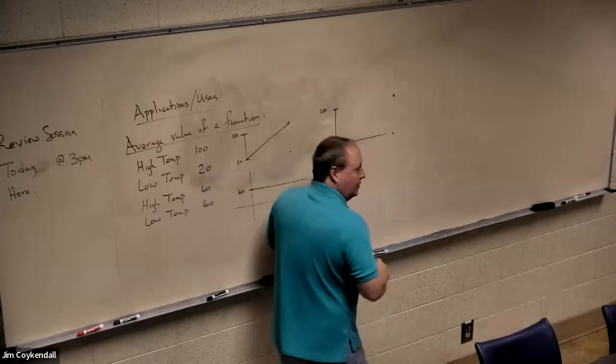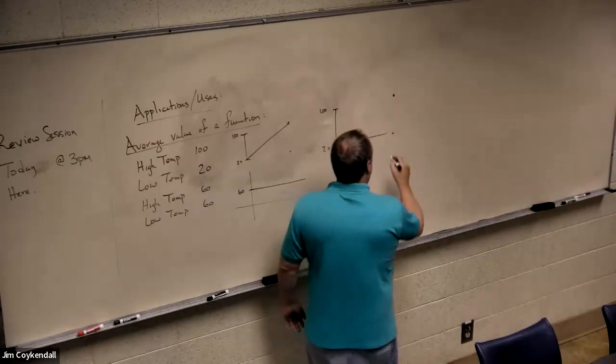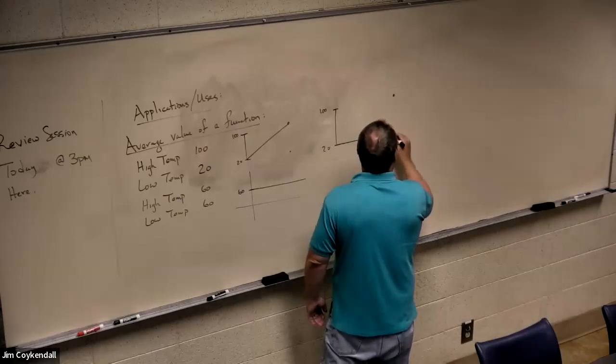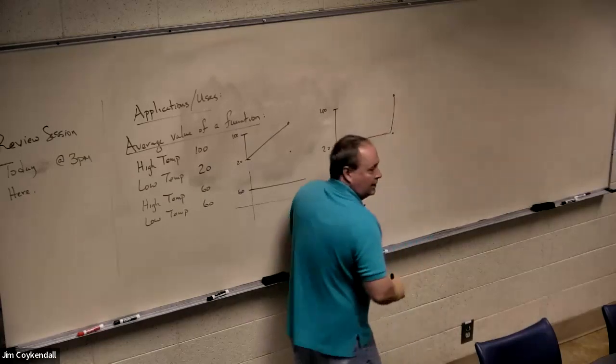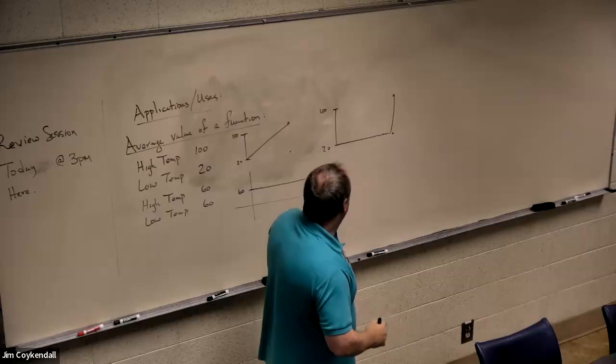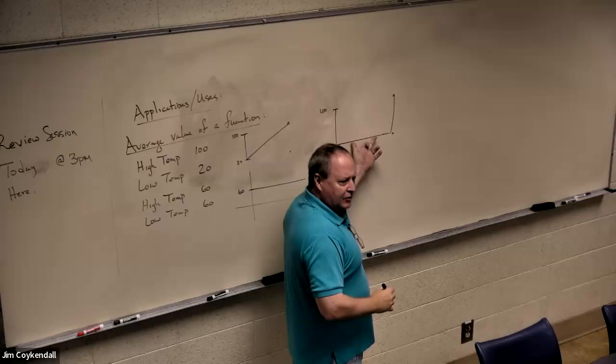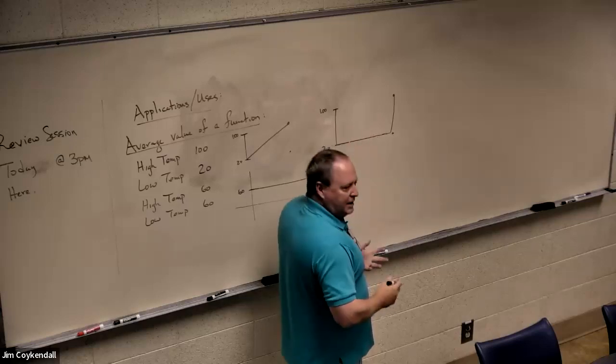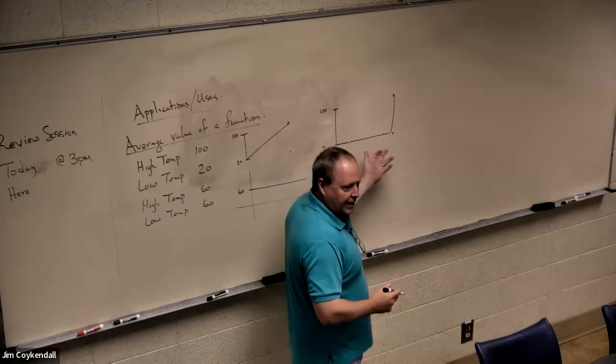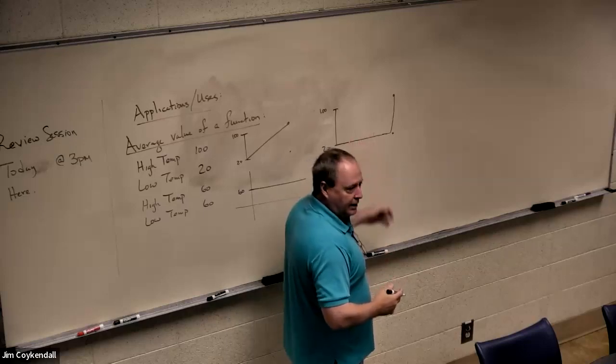You didn't know this, but it was actually winter. And then, right before the 24 hours is up, the sun explodes. And it gets hot. Would it really be fair to say that the average temperature here is 60? Probably not, right? Because it looks like most of the day was freezing.